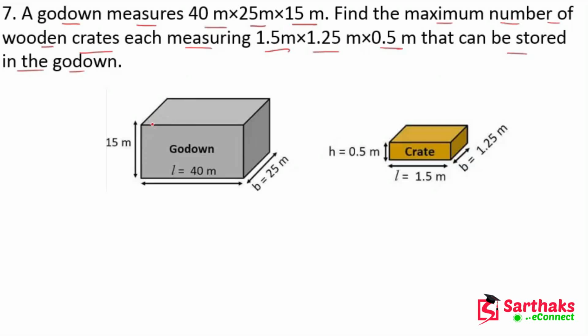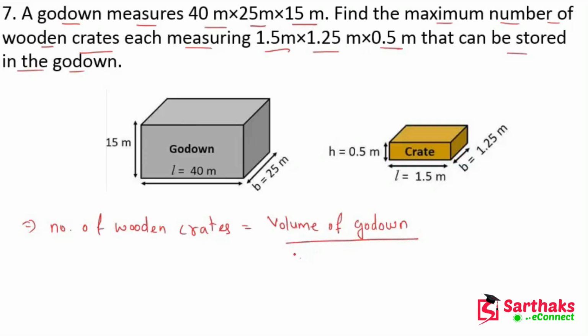Okay, so this is very easy, my dear friends. So here, number of wooden crates is equal to volume of godown divided by volume of one crate.